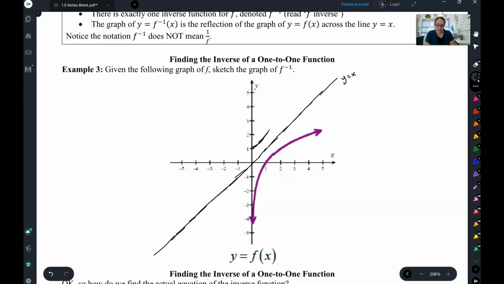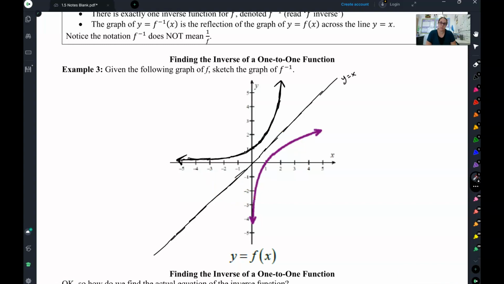So if I reflect it across, make it mirror, I can see that the graph of my inverse is going to look something like that. Because these two things are reflections across that diagonal line, which is a pretty cool thing that they all have in common. They'll all reflect across this line.